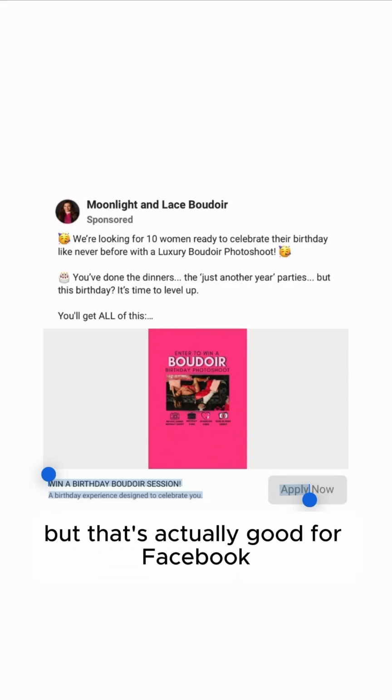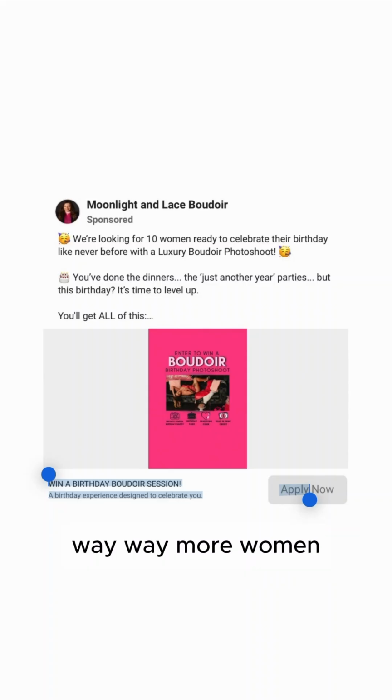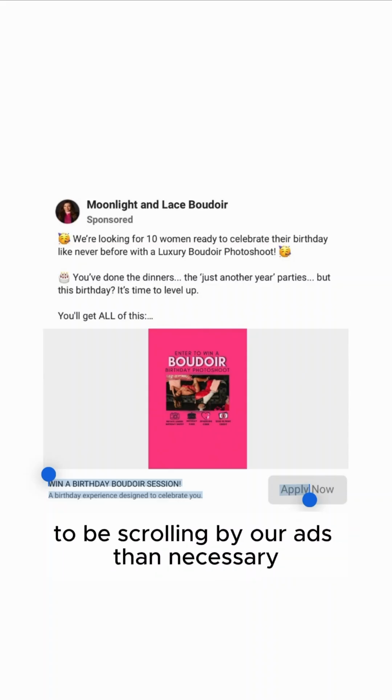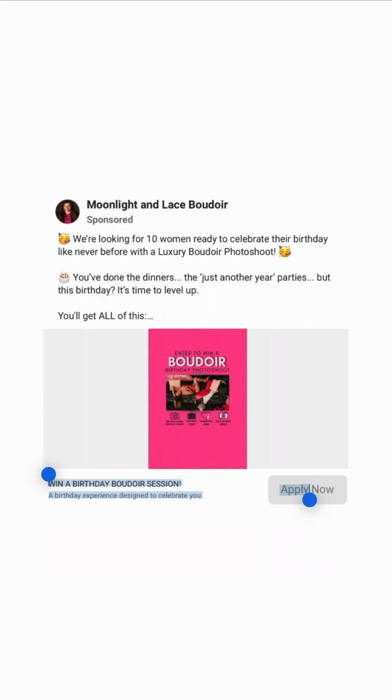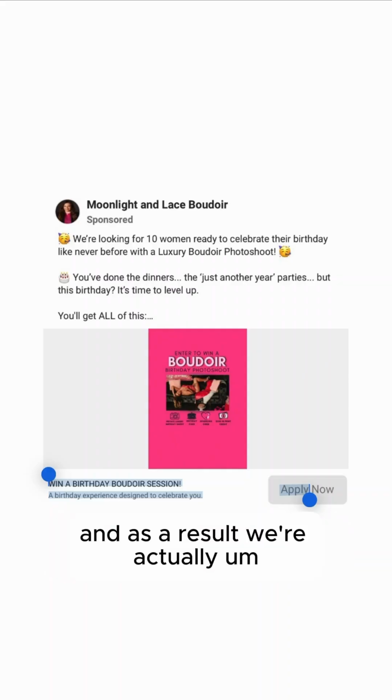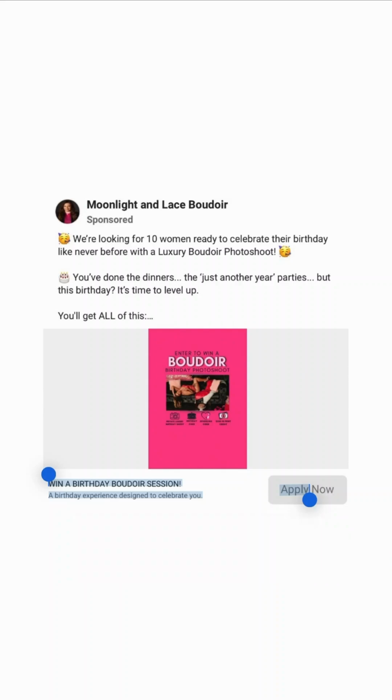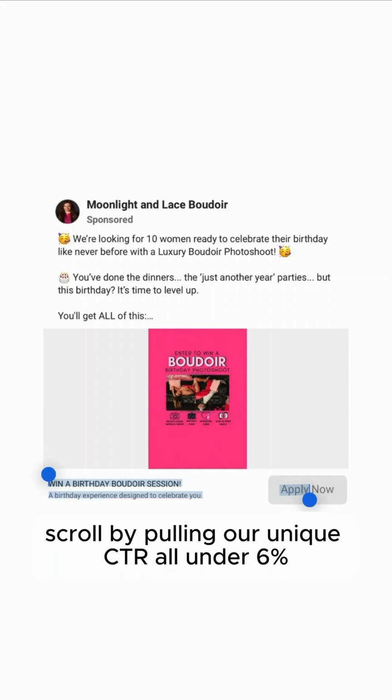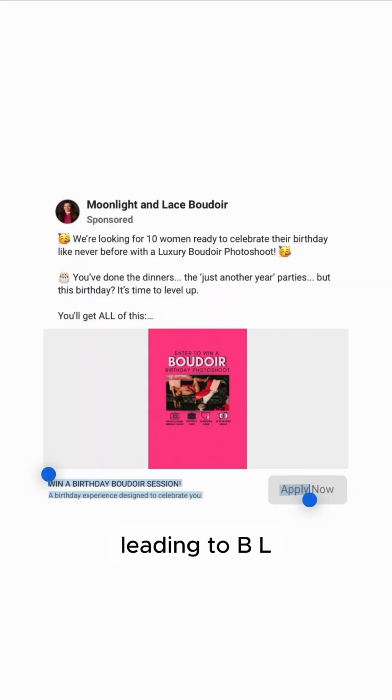But that's actually good for Facebook. It's bad for us because it causes way, way, way more women to be scrolling by our ads than necessary. And as a result, we're actually causing more women to scroll by, pulling our unique CTR all under 6%, leading to BLCS, Boudoir low click syndrome.